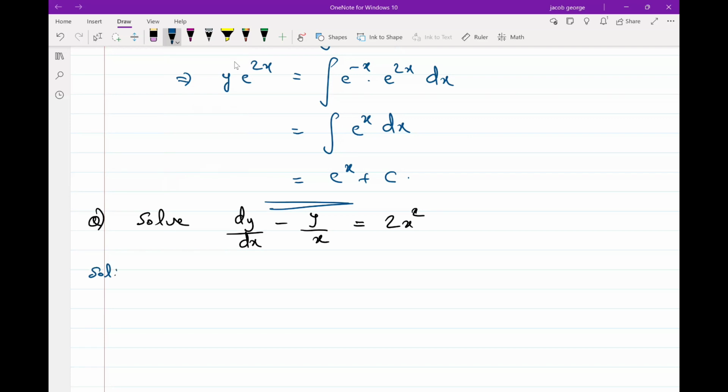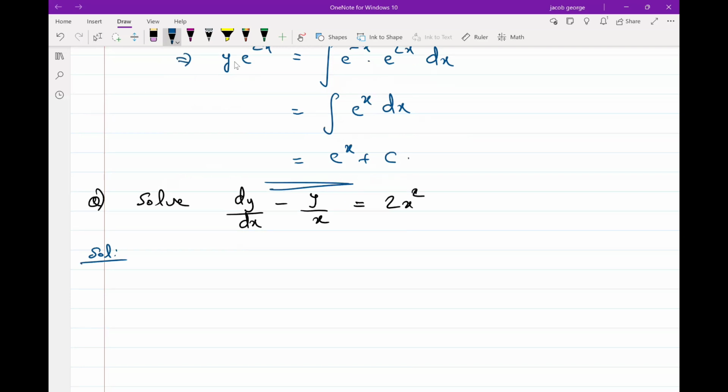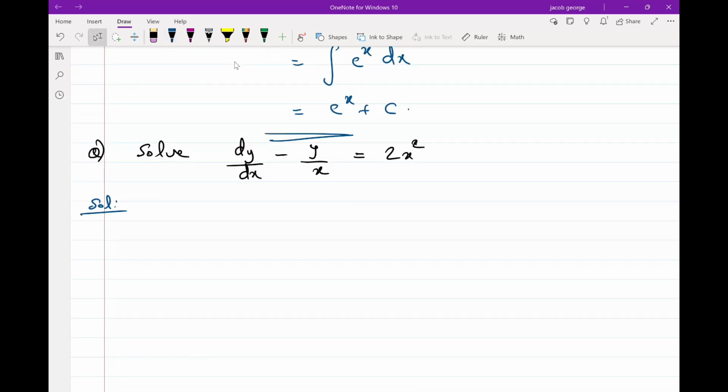This is in the form of dy by dx plus py is equal to q. So you will write the same introductory step: this differential equation is in the form dy by dx plus py is equal to q.